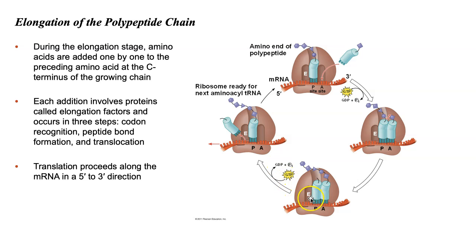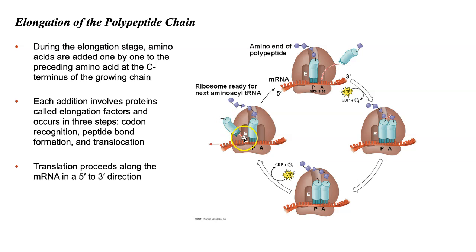So what happens is this E site becomes filled by this tRNA here, and this, which was in the A site, is now in the P site, and the A site is once again open so that the new tRNA can come bind.